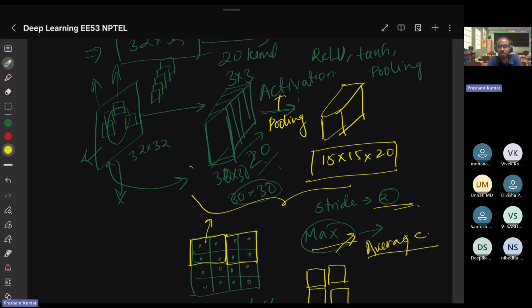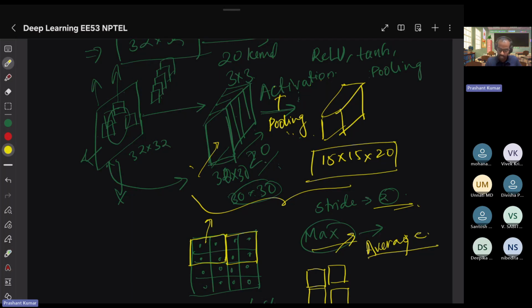We will come to a few examples, and we will see that somewhere people have taken 4 by 4 as well. But it depends on what kind of problem you are solving. So it's no hard and fast rule. We will come there. So this one convolution plus one activation and then pooling, this sequence is called one convolution layer.